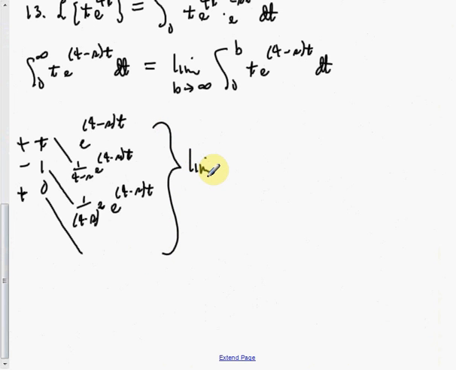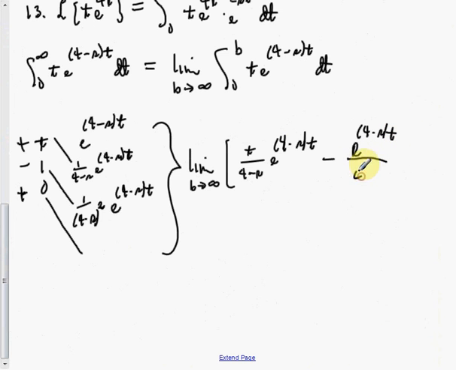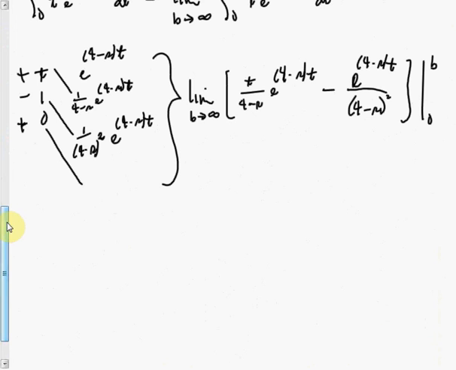So this is the limit as b goes to infinity of t over (4 minus s) times e to the (4 minus s)t, and this is minus, space is running out, minus e to the (4 minus s)t over (4 minus s) squared. So we evaluate from 0 to b.